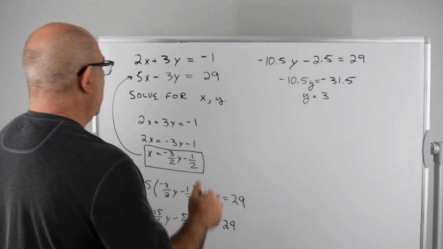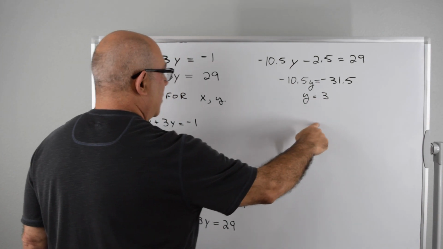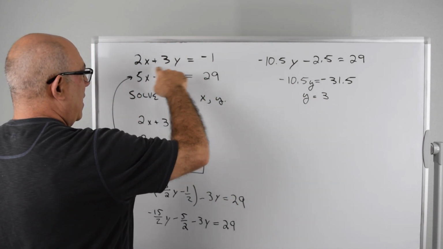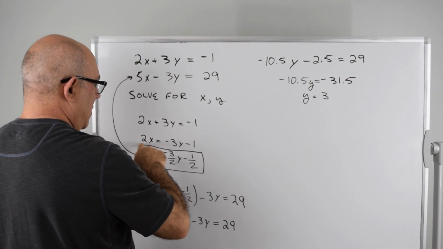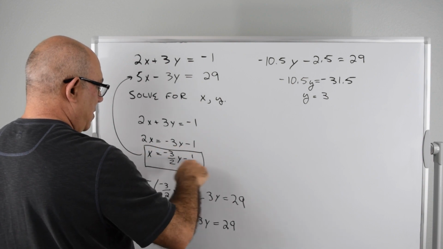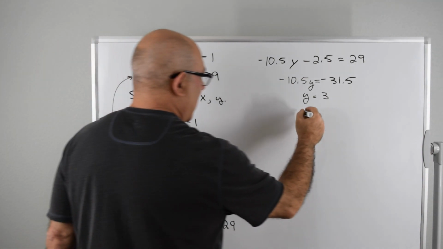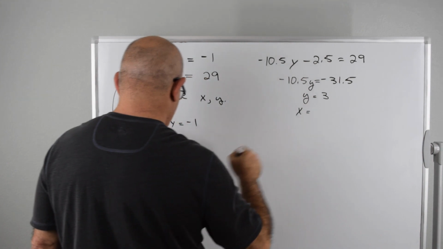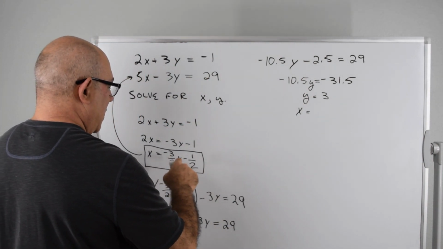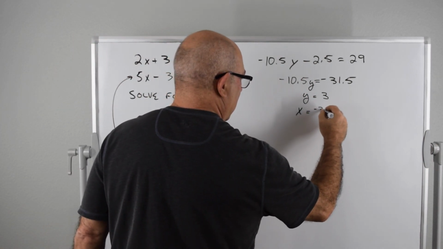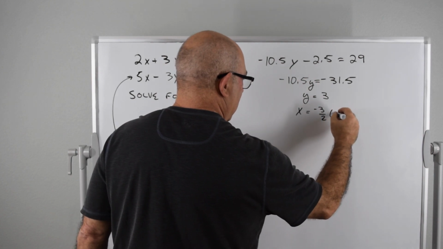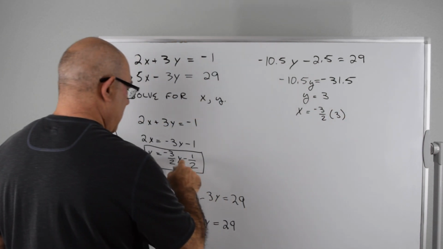Okay. Bringing y equals 3 back into this equation right here, we will get x. X equals minus 3 halves times 3 minus 1 half.